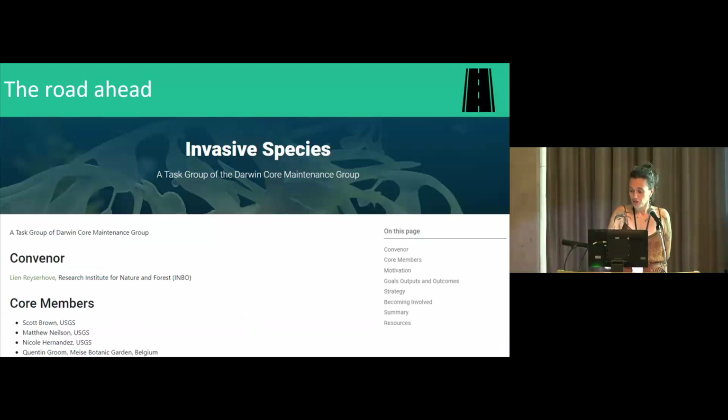So the road ahead: we just started a task group about invasive alien species, for which I am the convener. But there are lots of people now trying to focus on this matter. I also had a quick chat with Stan Bloom about the name of the group, because initially it was invasive species management, but he said, maybe let's keep it more open.